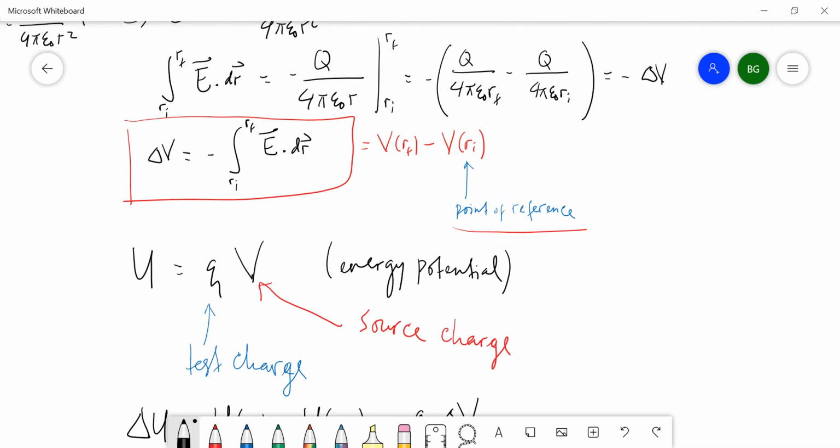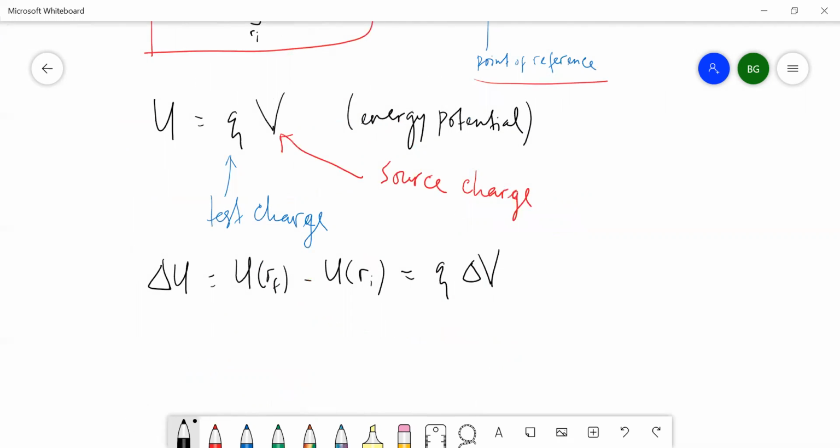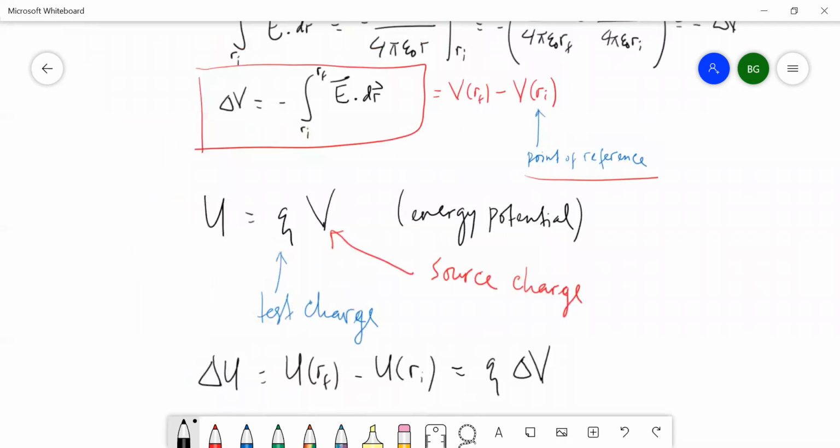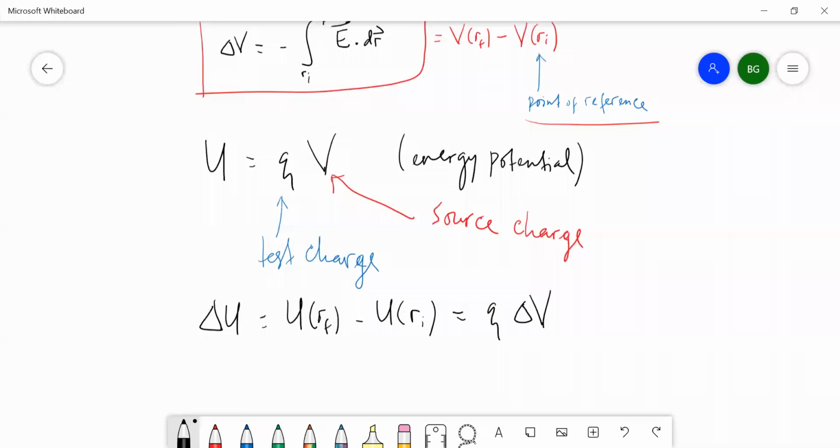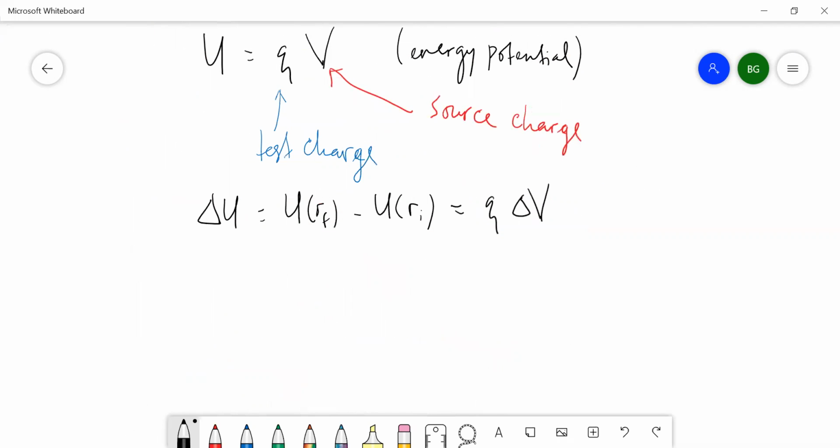Let us consider a charge, for example, a point charge. One charge.